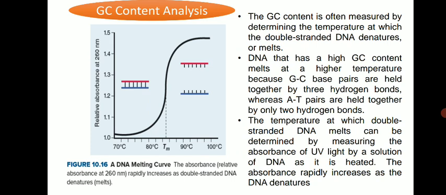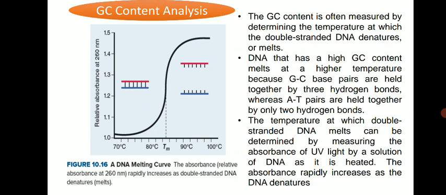The higher the GC content, the higher the melting temperature, and the lower the GC content, the lower the melting temperature. DNA that has high GC content melts at a higher temperature because GC base pairs are held together by 3 hydrogen bonds as compared to only 2 for AT base pairs, so it will take higher temperature and more time to melt.